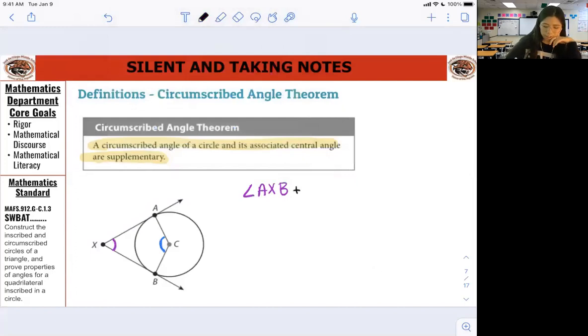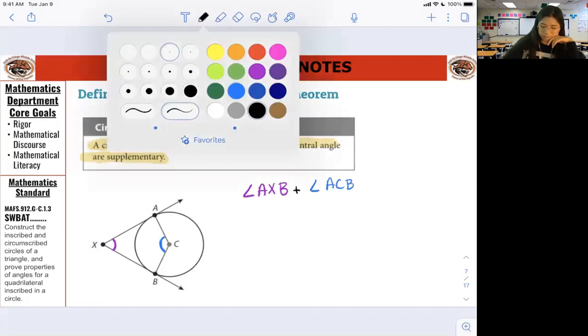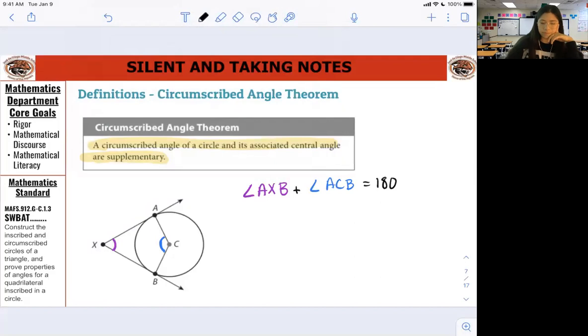They add up to 180. So angle AXB and angle ACB will add up to 180. So go ahead and write that down, copy it into your notebook, copy the diagram as well, and then we can go on to the couple of problems.